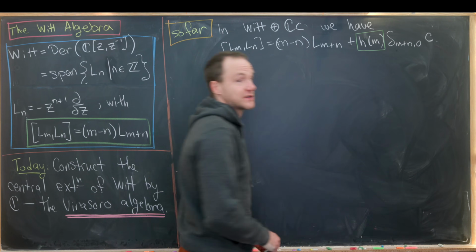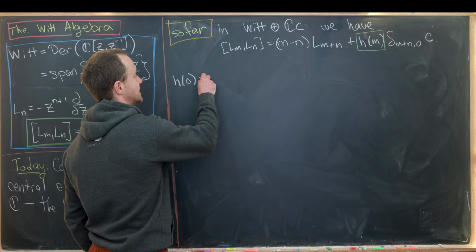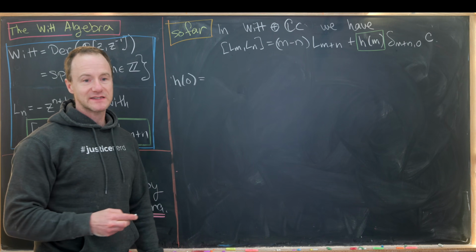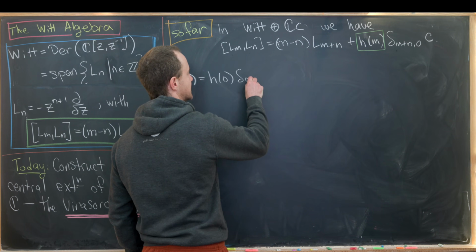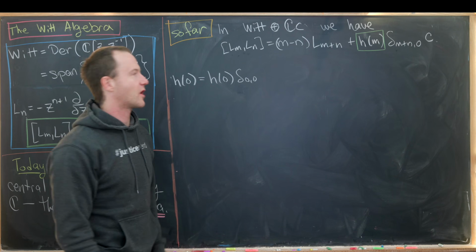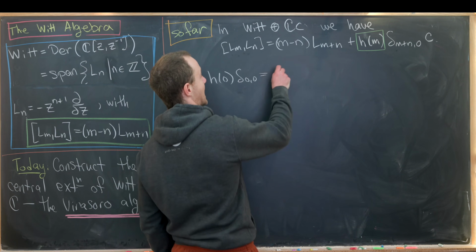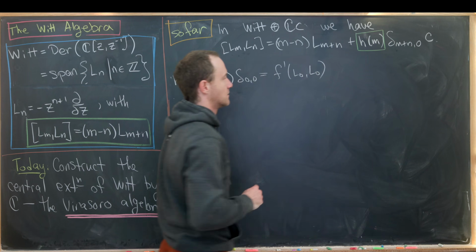Okay, so let's go for it. Let's first notice that h of 0, well, that's going to be the same thing as h of 0 times delta 0, 0. But then using our original f prime function, we can write that as f prime of L0, L0.